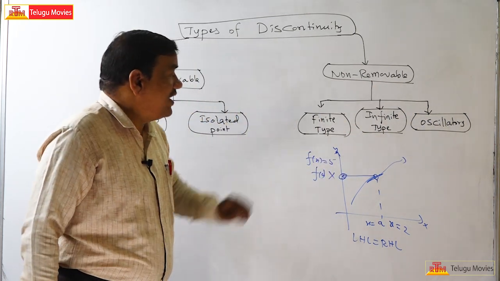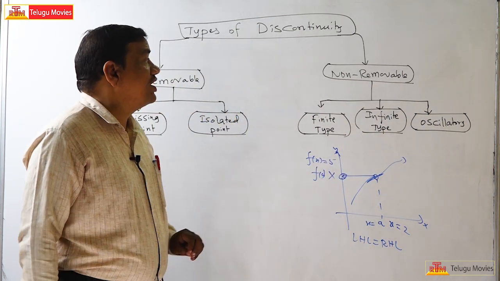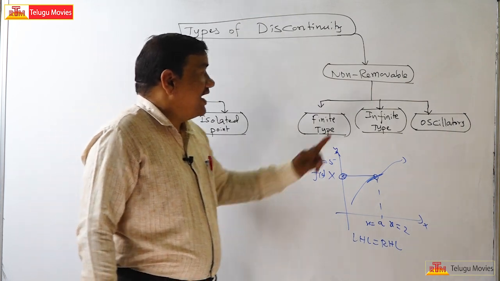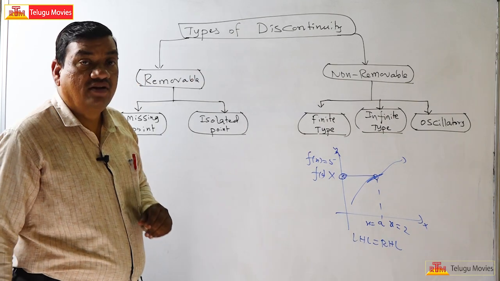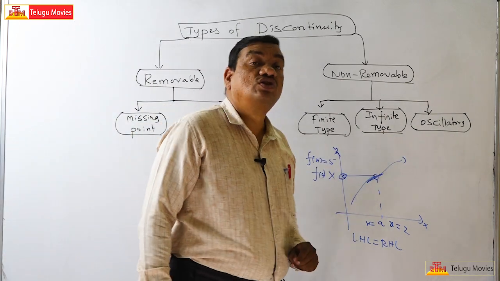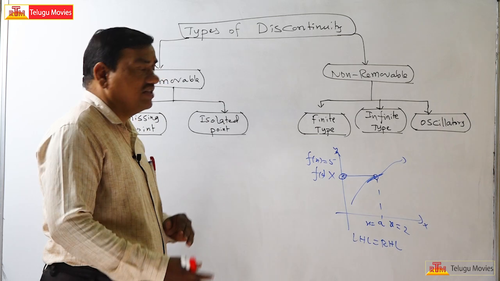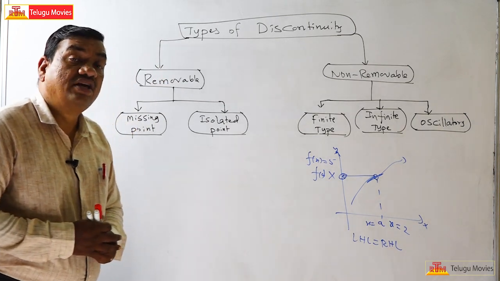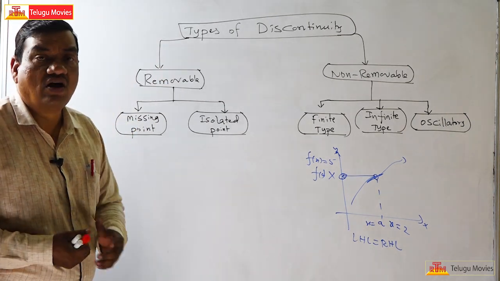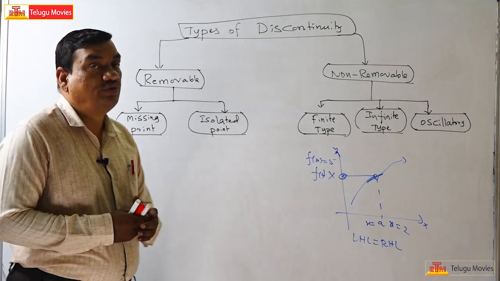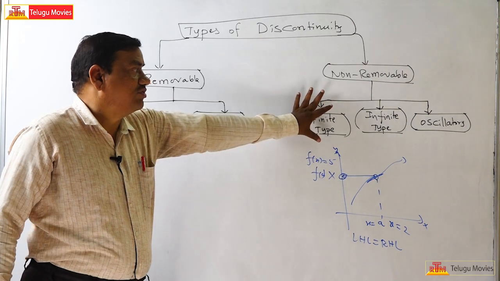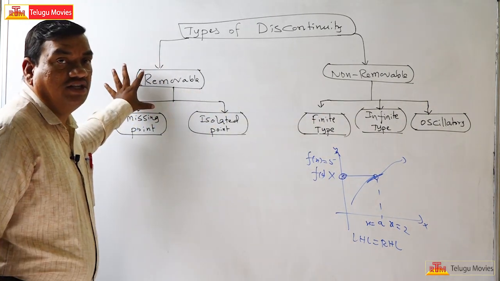One is finite type non-removable discontinuity, another is infinite type non-removable discontinuity, and the third is oscillatory type functions. If there is any breakage, we cannot connect them or continue them by any means. So it is non-removable, and the other is removable.